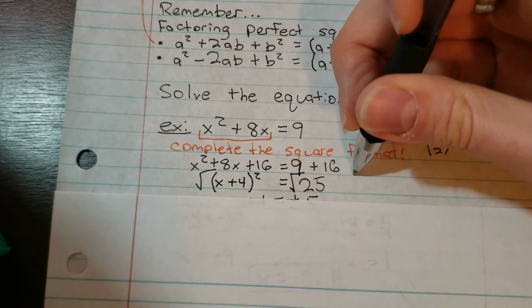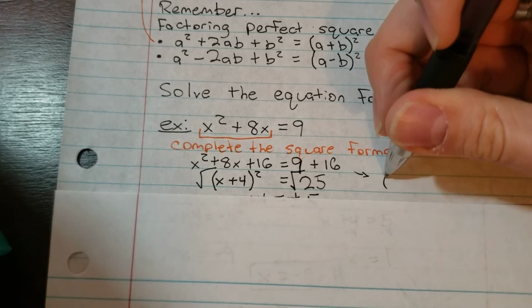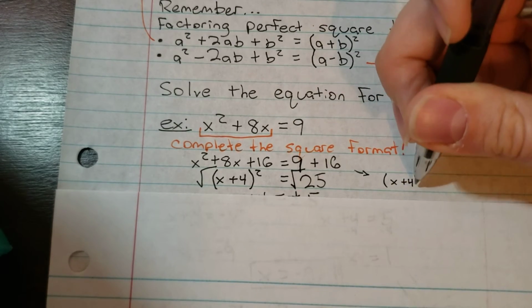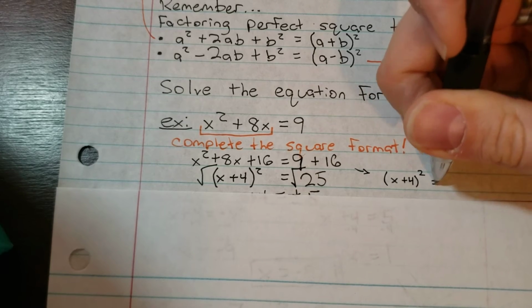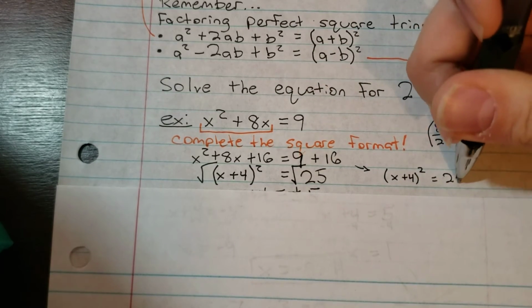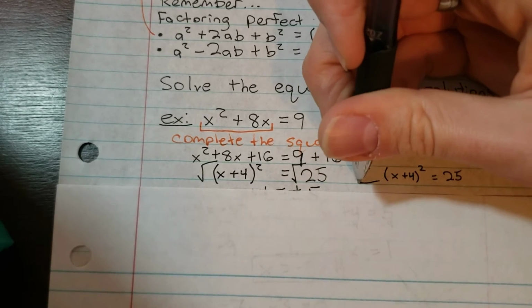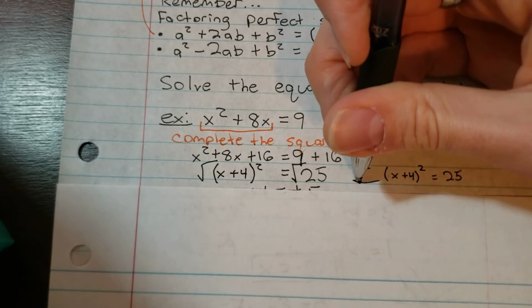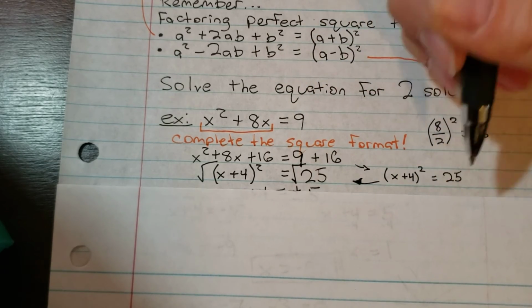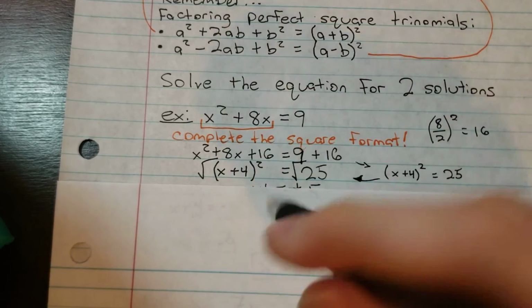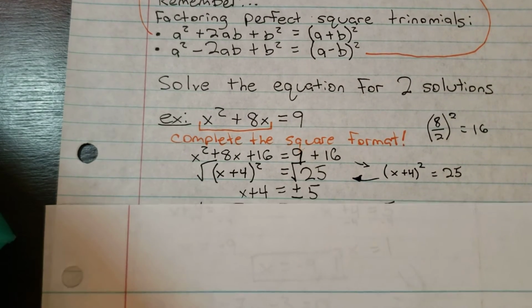I've got my factors. That's x plus 4 squared equals 25. And then I did what I'm showing here and taking the square root of both sides. Okay. The square root of this is just going to be x plus 4.